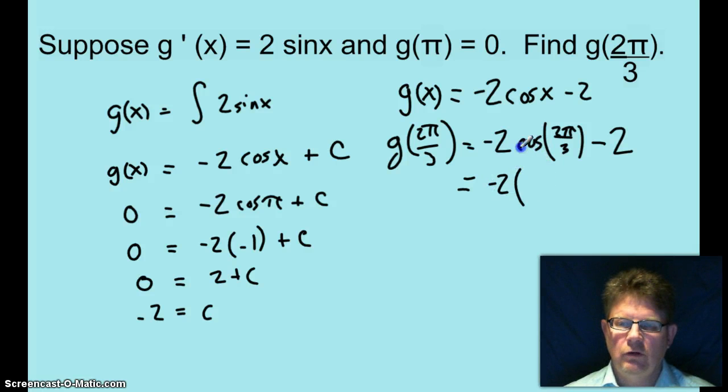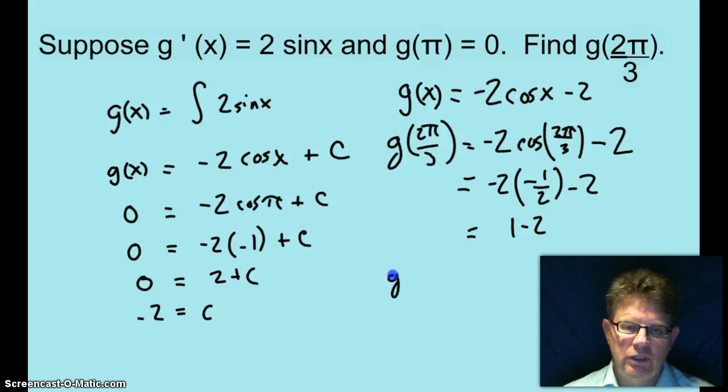Okay, on your unit circle, cosine of 2 pi over 3. Second quadrant, cosine's negative. Negative 1/2 minus 2. So that equals 1 minus 2. So g of 2 pi over 3 equals negative 1.